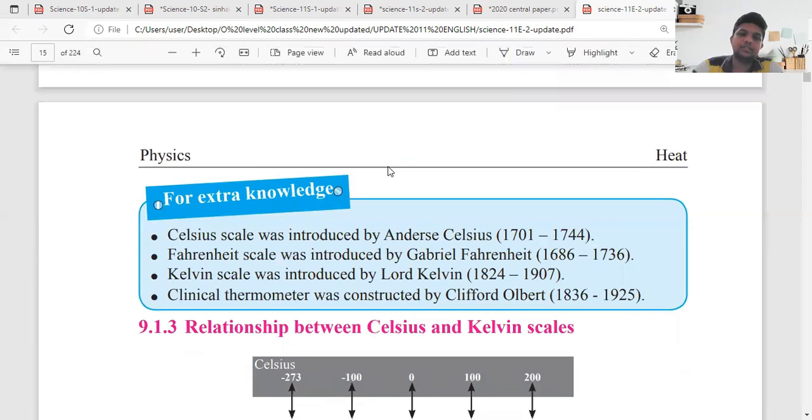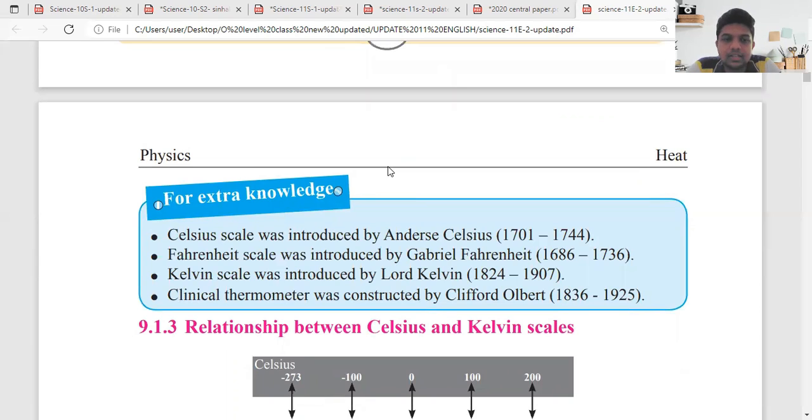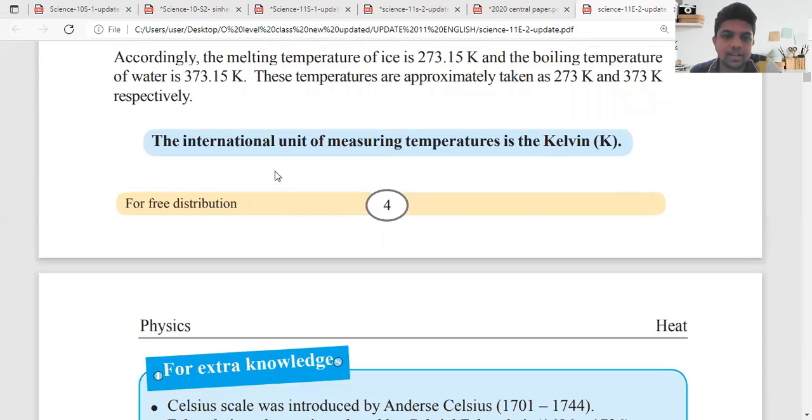The Celsius scale was introduced by this person, Fahrenheit by this one, Kelvin by this one, and the clinical thermometer was constructed by Clifford Allbutt. All those things are extra knowledge, I don't need to go through that. Did you write this one? The international unit of measuring temperature is Kelvin, capital K.